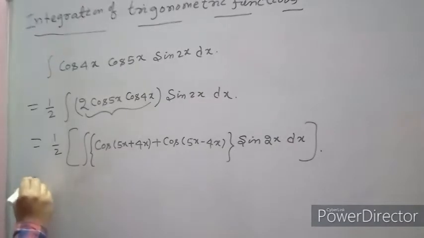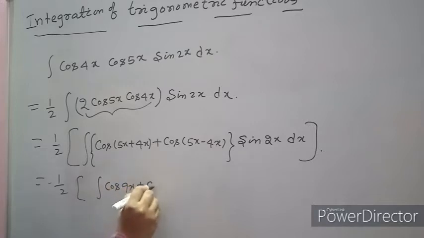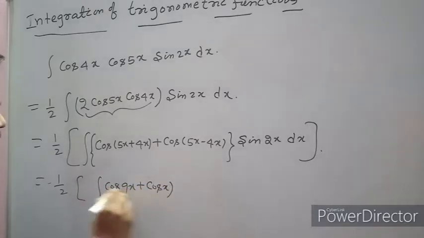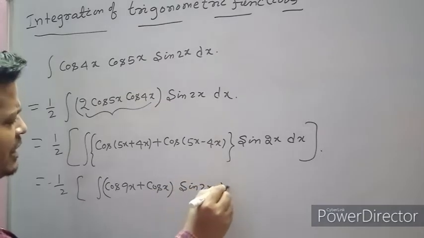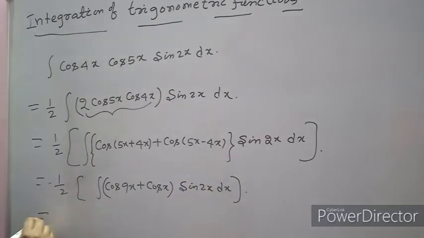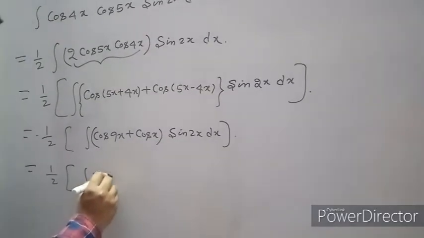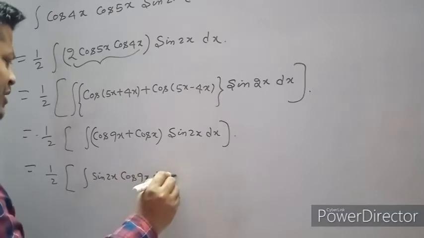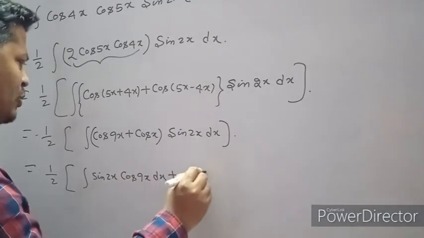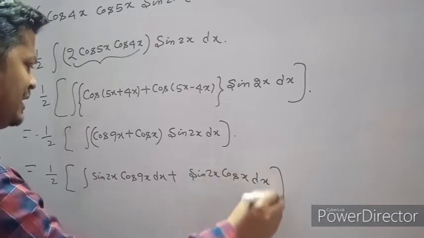So what you get essentially? 1 by 2 integration cos 9x plus cos x, right, times sin 2x dx. So what you get? 1 by 2 integration sin 2x cos 9x dx plus sin 2x cos x dx, right?